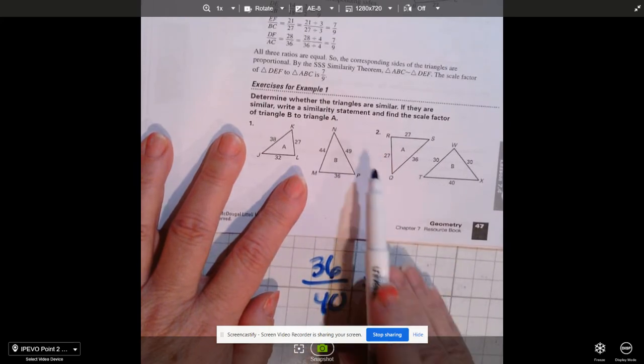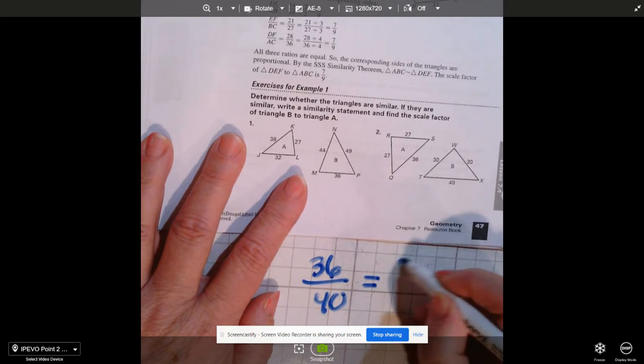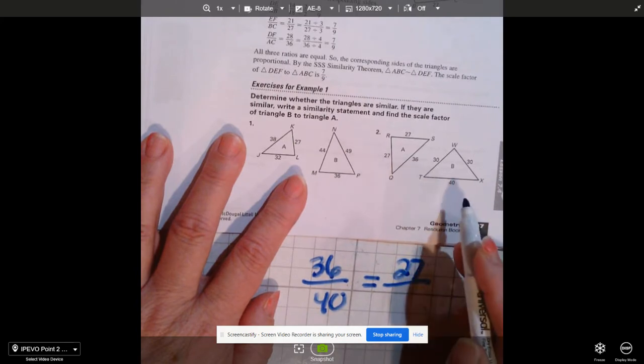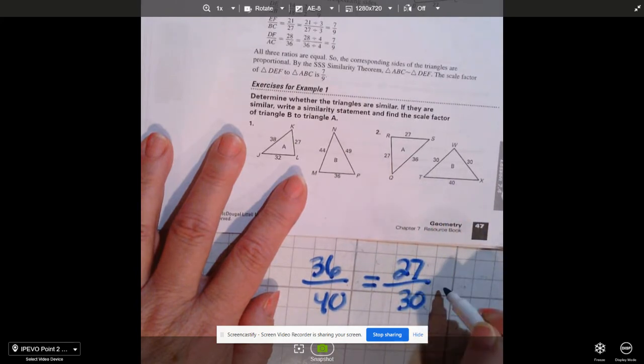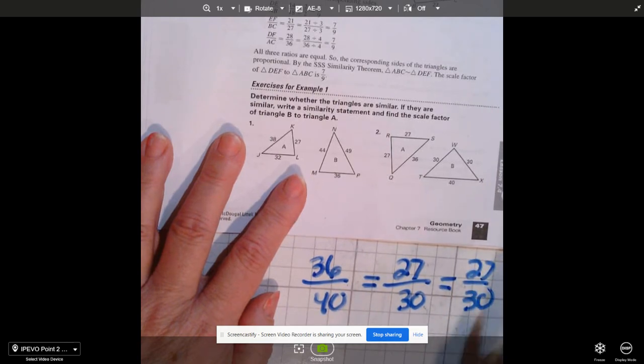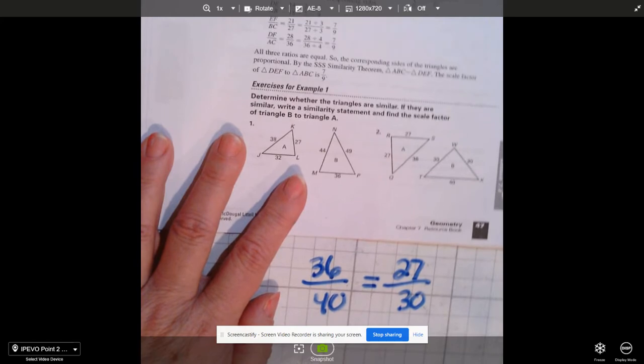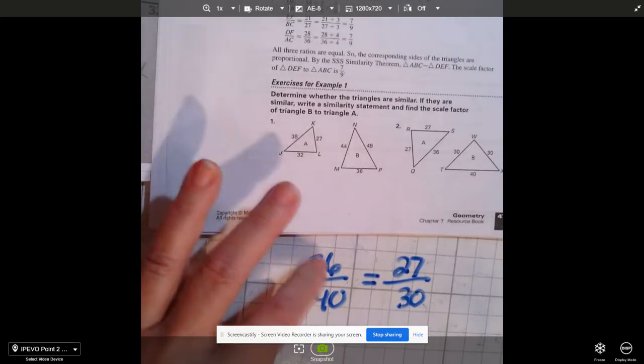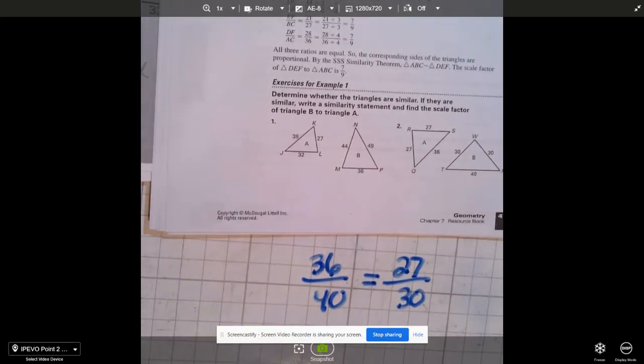And then the next largest, well, they're both 27, and on this one, it would be 30. Since these are the same, it's really not necessary to even include it. So now let's go ahead and reduce each one of these fractions.